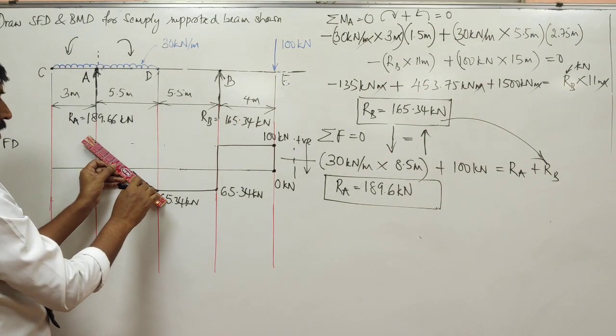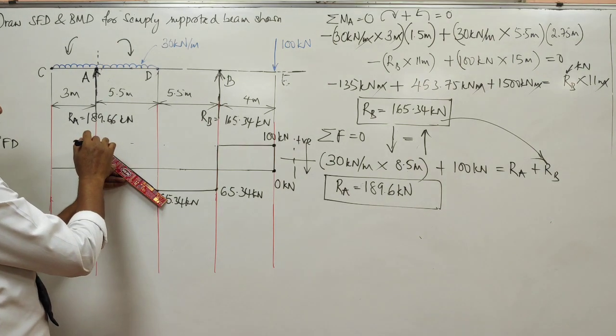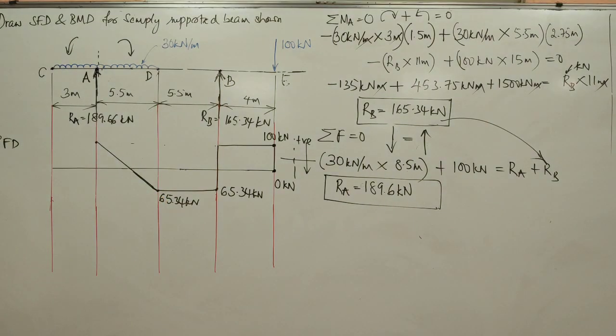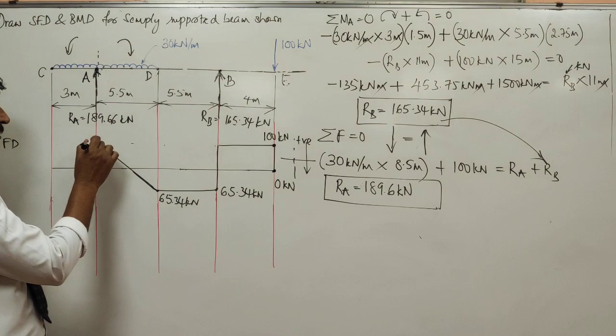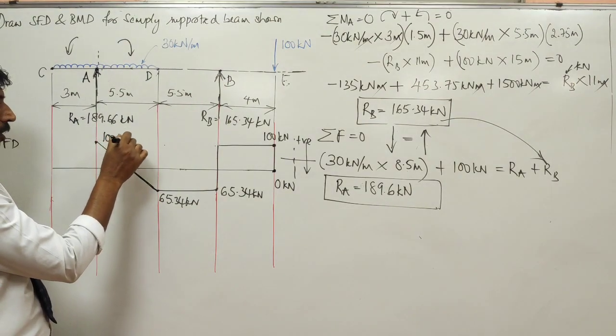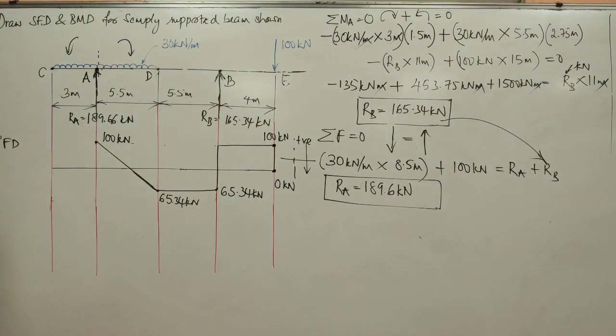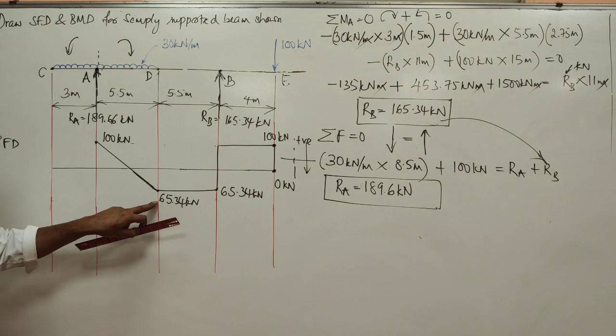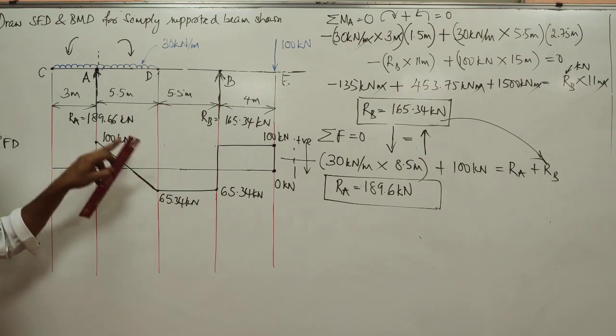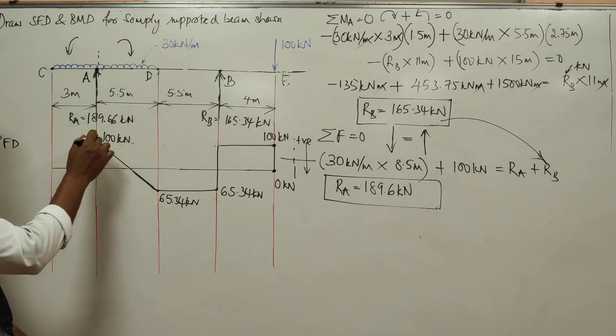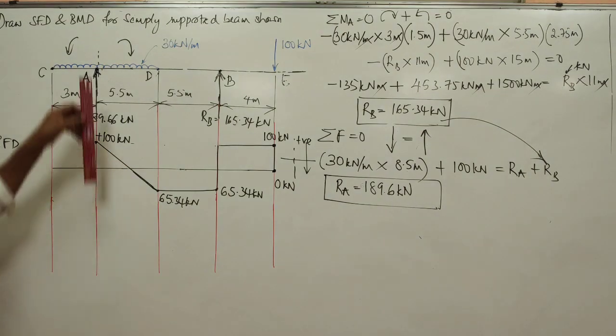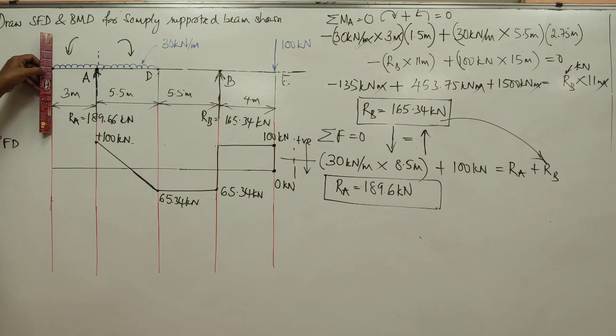So let me draw a line like this. Okay, this is 100 kilonewton as per this. 30 into 5.5 is 165. So it goes from minus 65 plus 165, it goes to plus 100 kilonewton. And then as we go here, it will try to reduce.